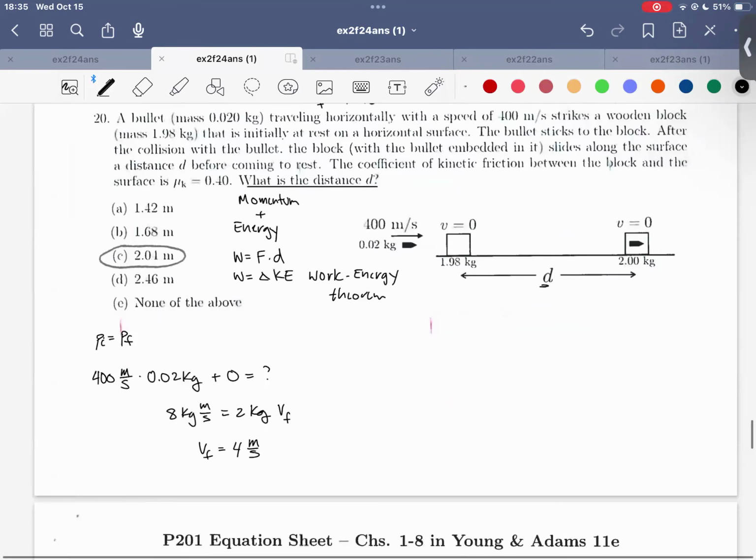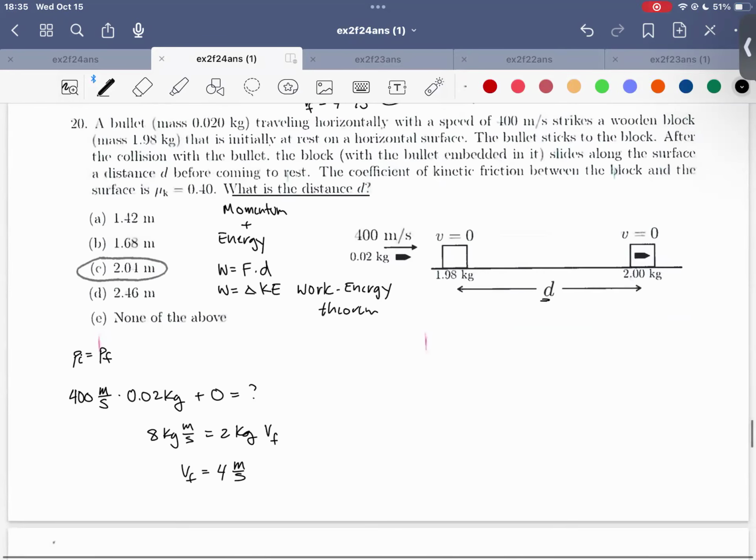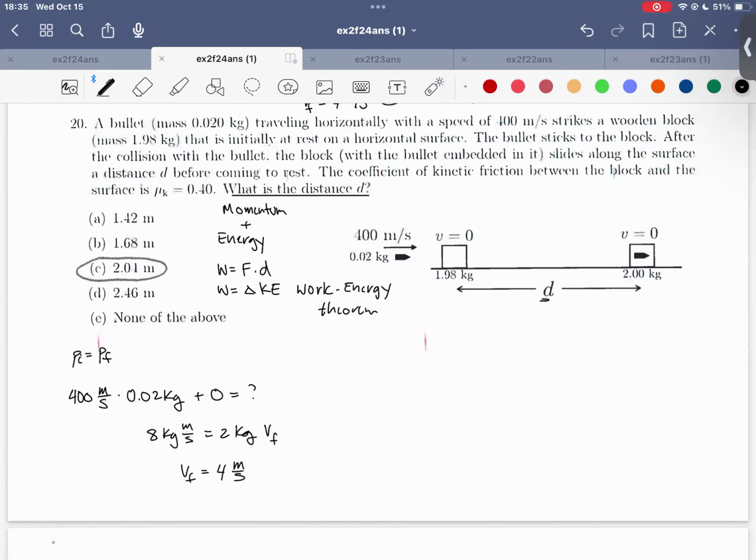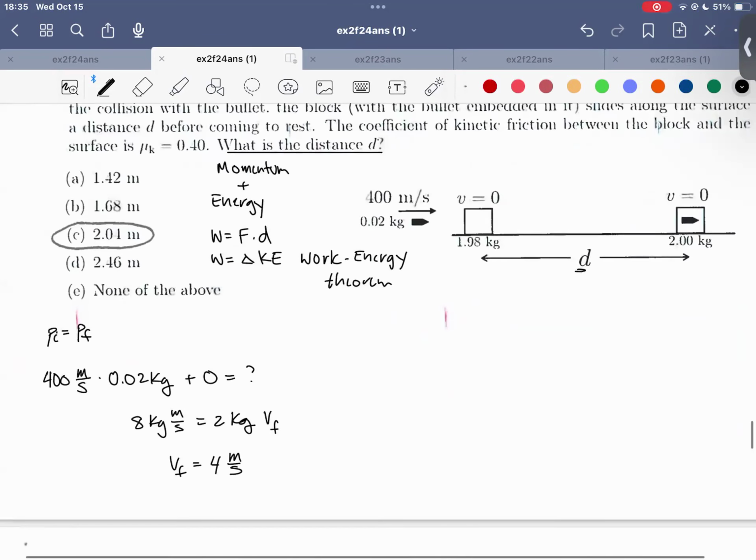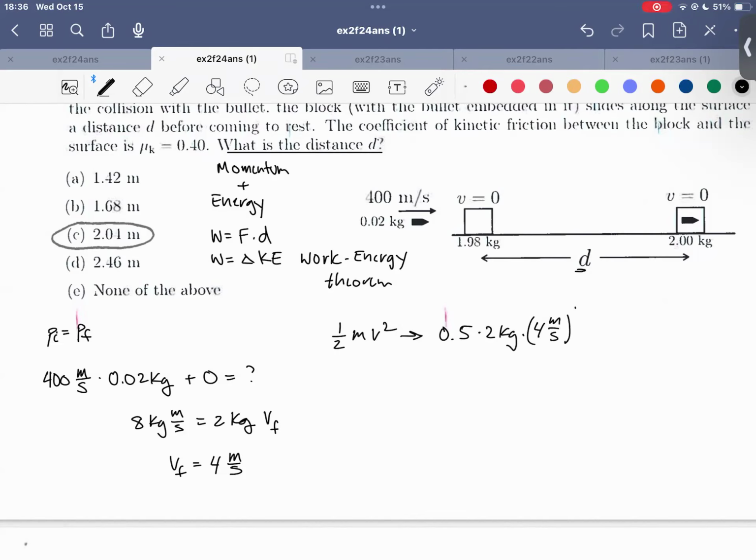From here, we can calculate energy, and that will allow us to solve. Our energy is one half mv squared. So solving, 0.5 times 2 kg times 4 meters per second squared, we get 16, in joules.